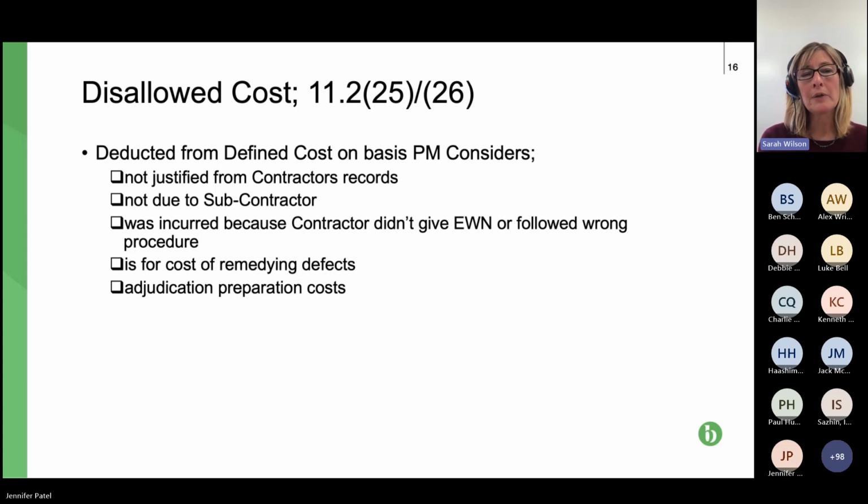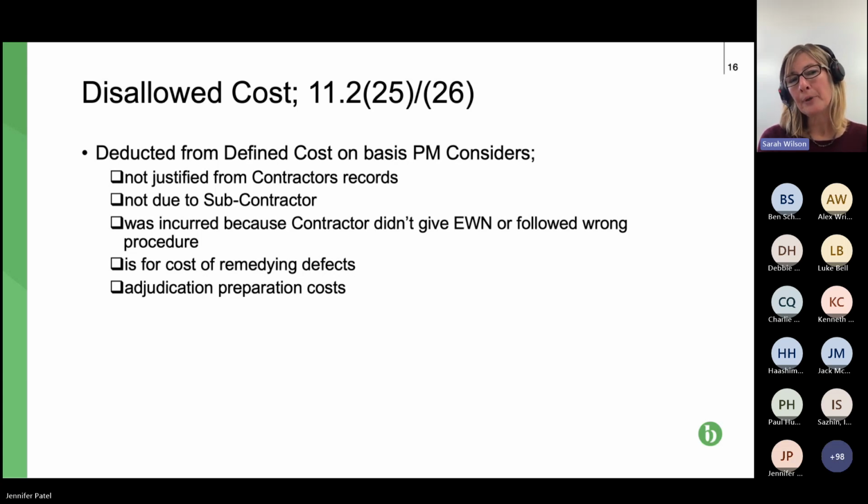Another important one is sums that are not due to the subcontractor. That could be because it's not due yet, because the contractor hasn't yet done that work. Or it could be that the subcontractor has no entitlement.